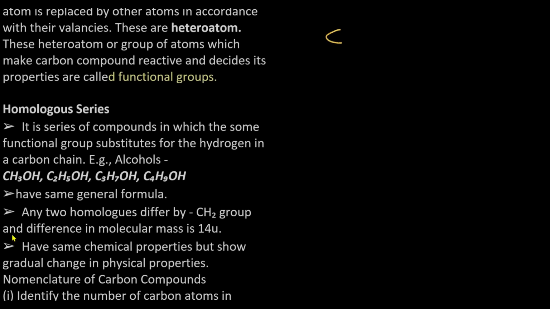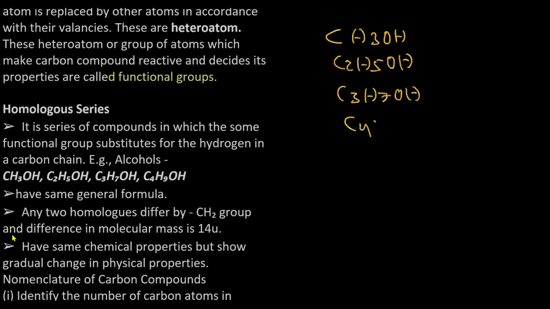If I write methanol, it is CH3OH. Then the second member is C2H5OH, that is ethanol. Third is C3H7OH, propanol. C4H9OH, butanol. C5H11OH, that's 11, pentanol.